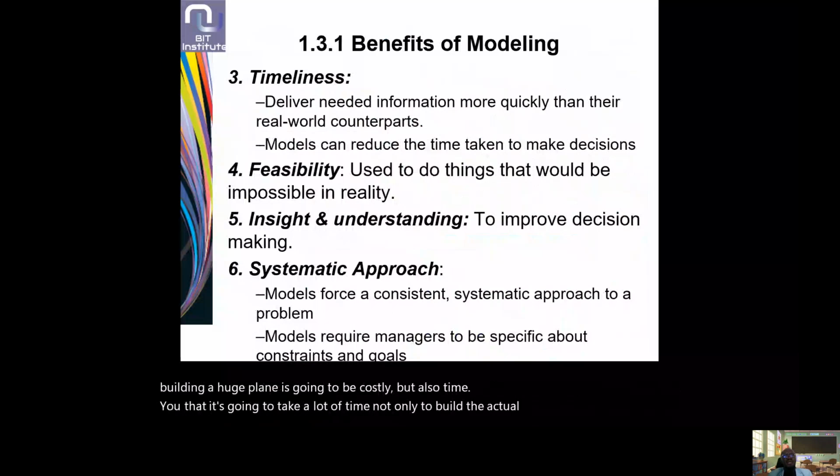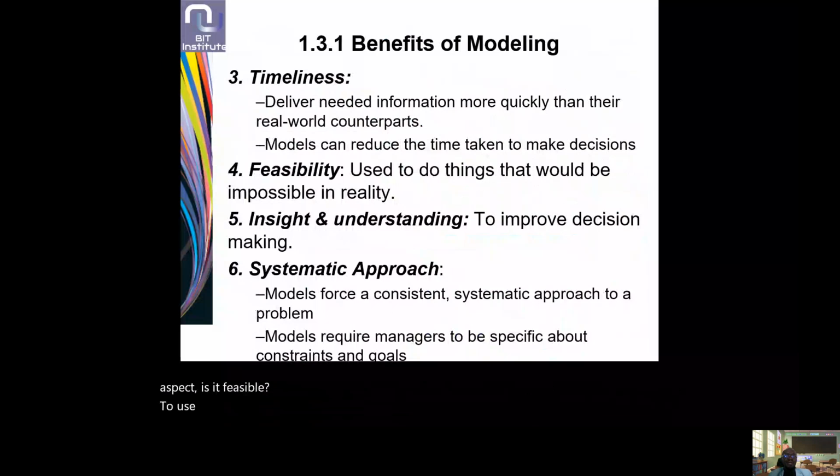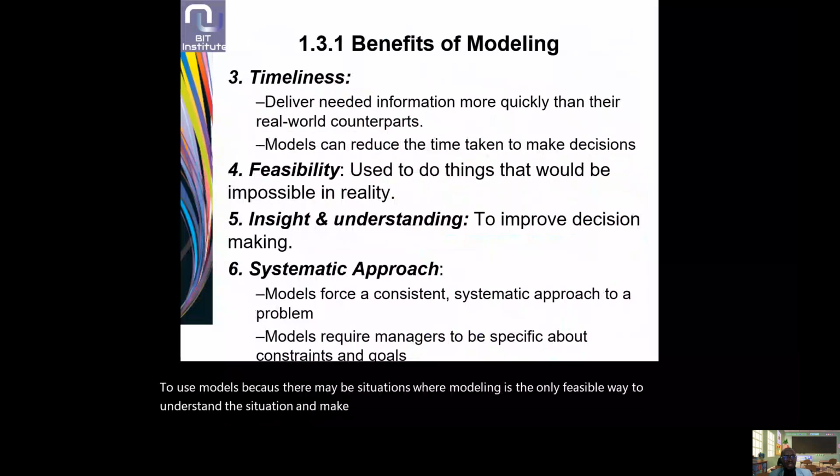And after building it, you may realize you made a lot of mistakes. That's why it's important, apart from the timeliness aspect, to ask: is it feasible to use models? Because there may be situations where modeling is the only feasible way to understand the situation and make decisions. That's why we talk about feasibility.